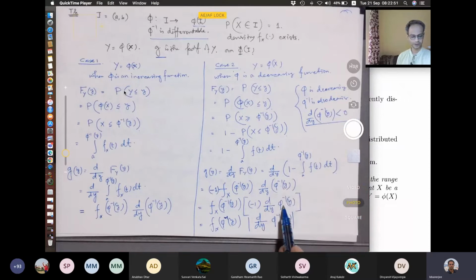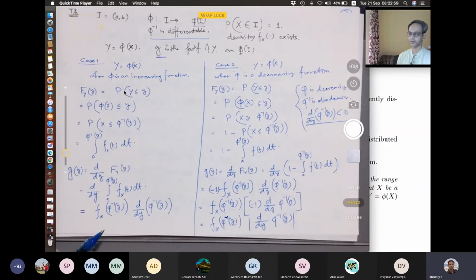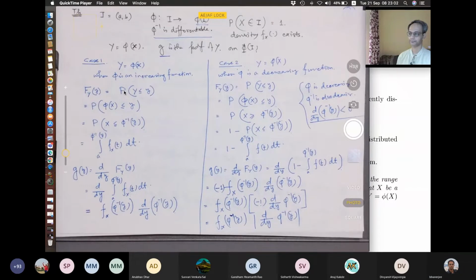So that quantity with minus 1 multiplied, I can write it as the magnitude only. Any query here? And as phi is increasing in the other case, that quantity is the same as its absolute value. So I have no trouble writing it. So is it okay? Any query?